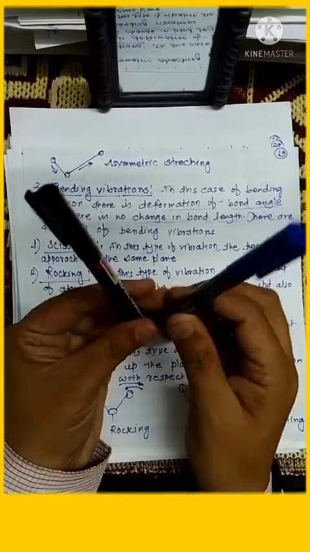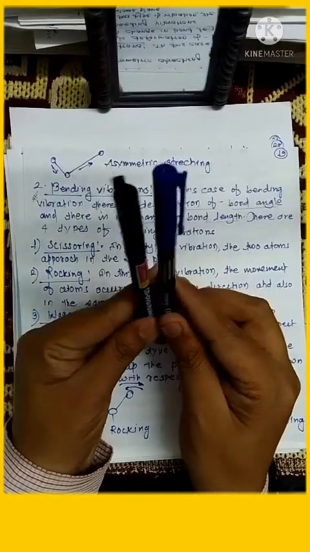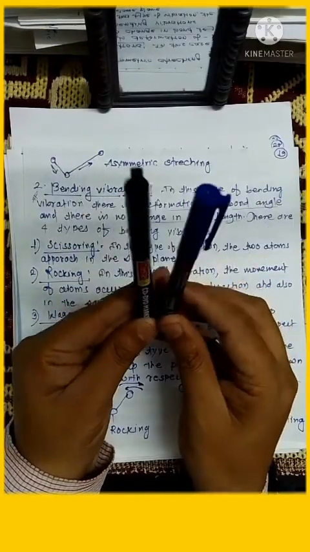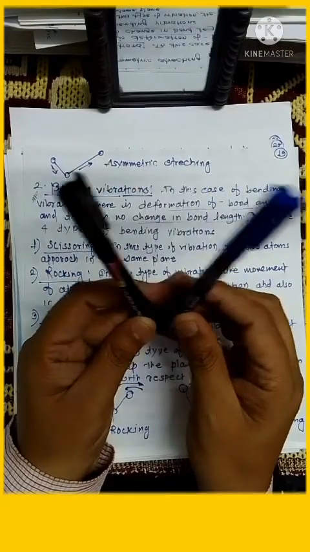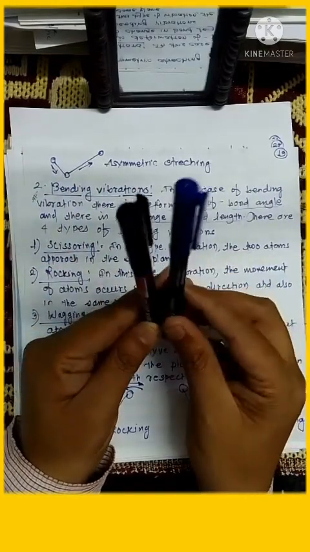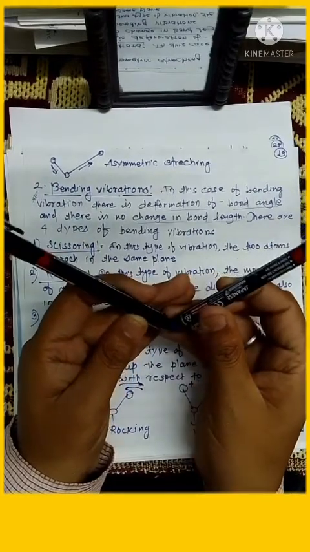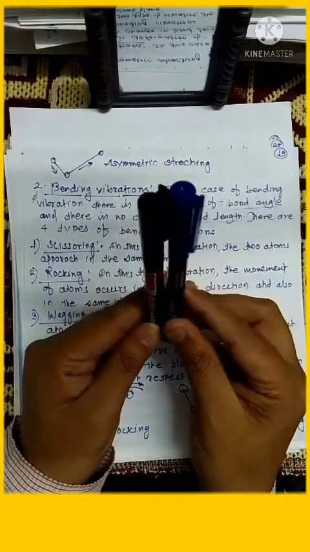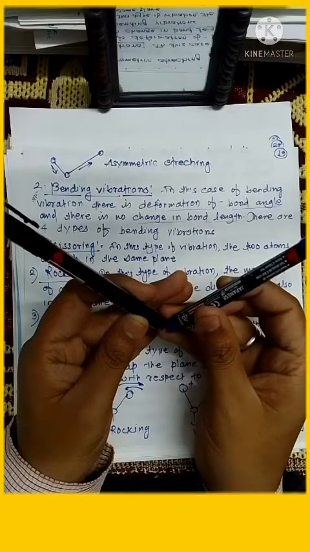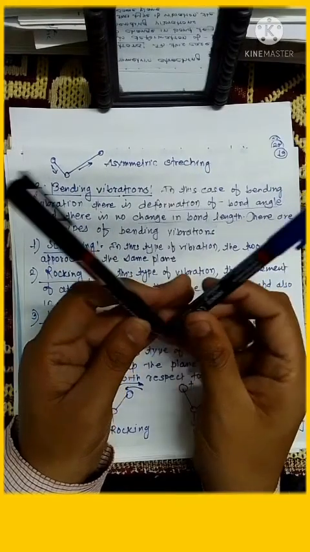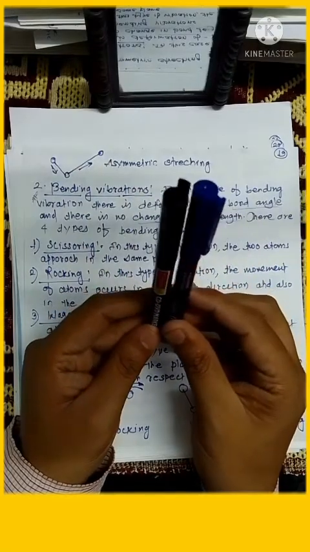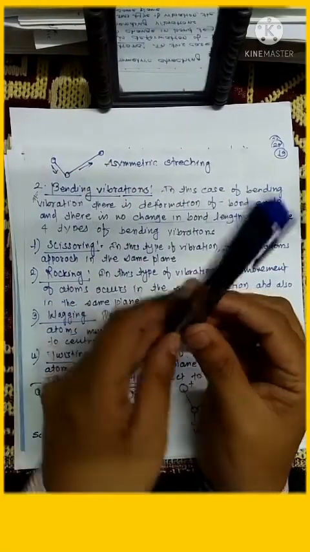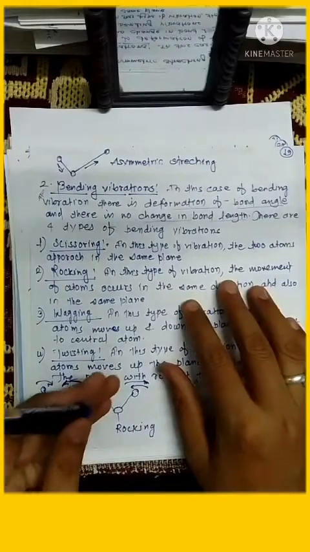Scissoring motion is like this. Both atoms simultaneously come together or they simultaneously go away. So in scissoring bending, your bond angle either increases or decreases.